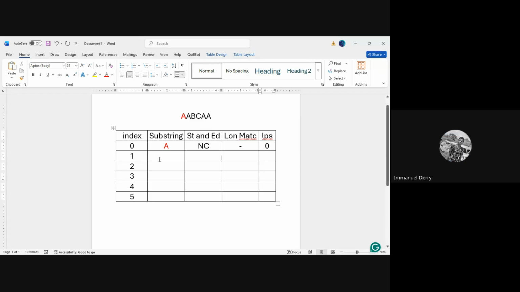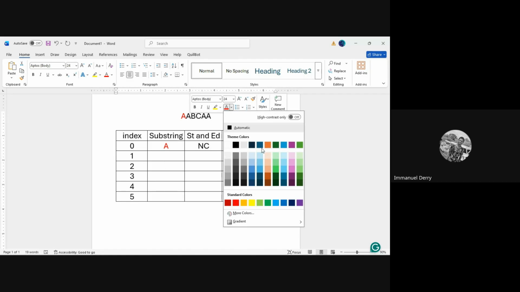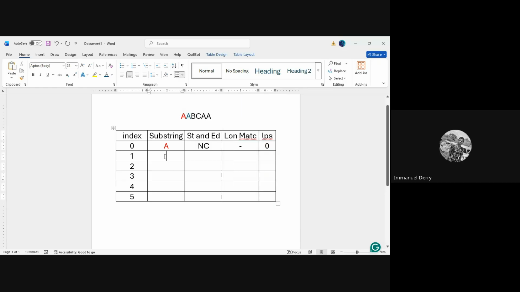Okay. Now moving on to the next index, which is this one here. But then it's supposed to be a substring, so we have to add this one to it. So we have A and then A. Are we clear? Yes, sir. Where is the start?